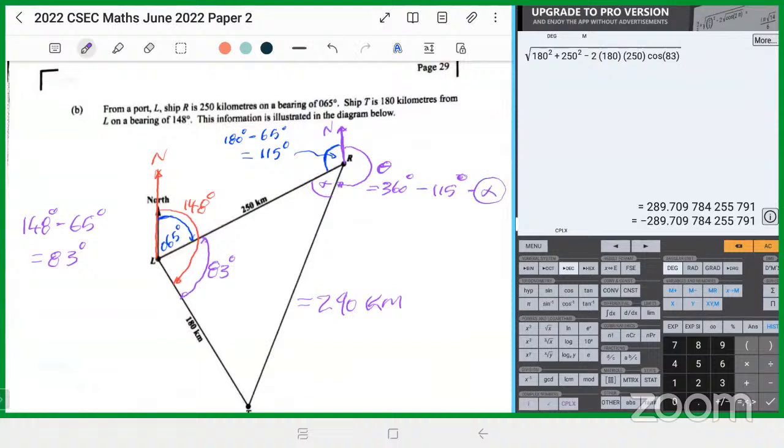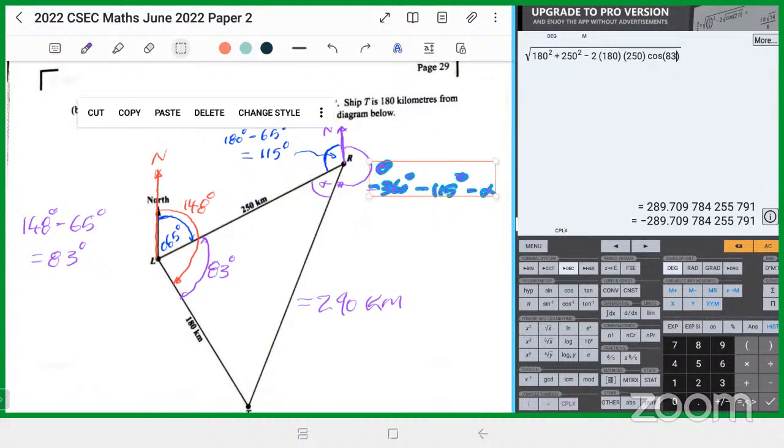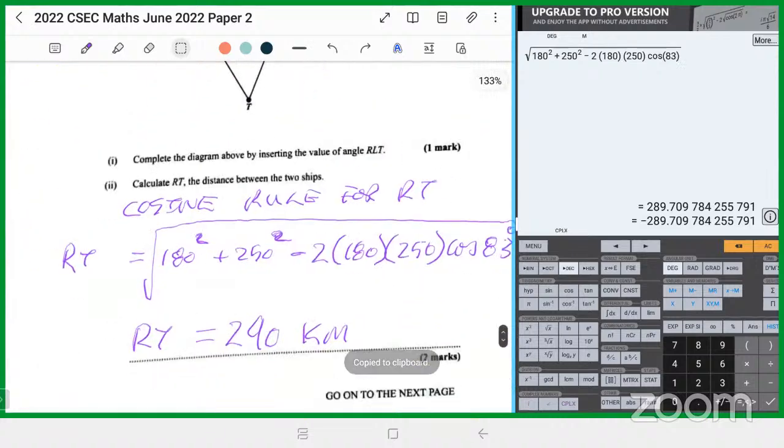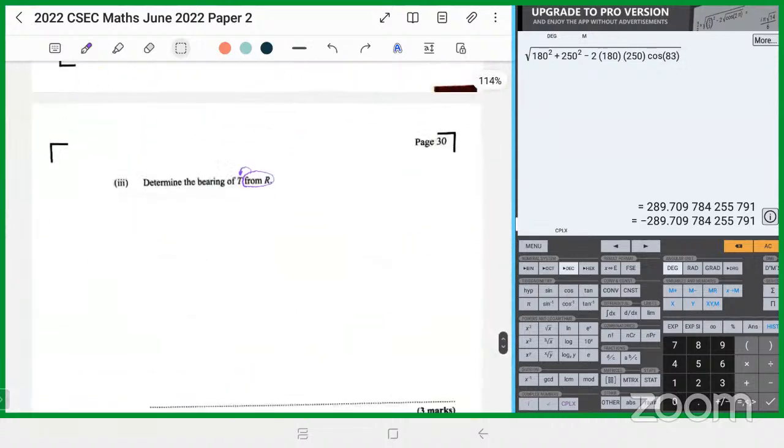And to find the alpha, we have to use the sine rule. So this is going to give us our bearing angle, but we need to find the alpha with the sine rule. So let's copy this down and put it here. So that's what we're doing down here.